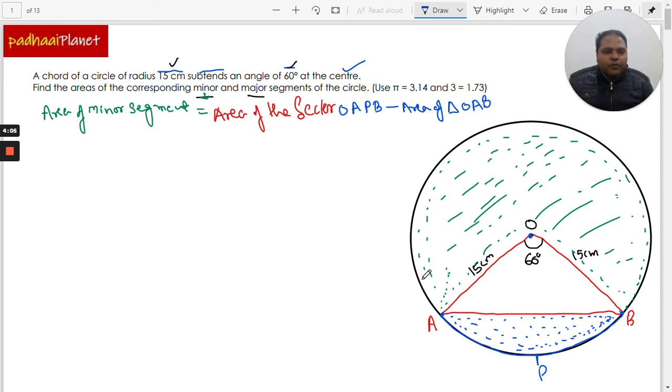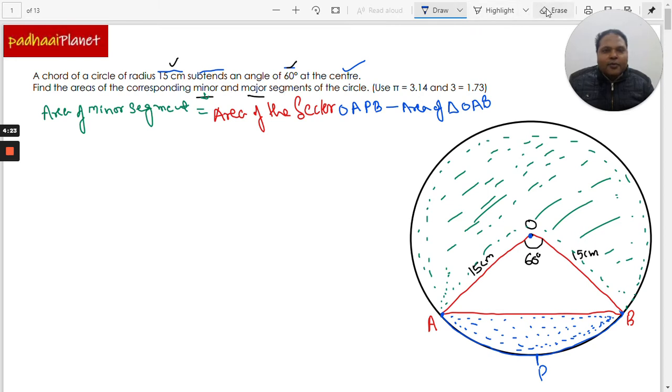Once we get this, we can easily find out the area of the minor segment. So let's first calculate these two things, the area of the sector OAPB and the area of triangle OAB.